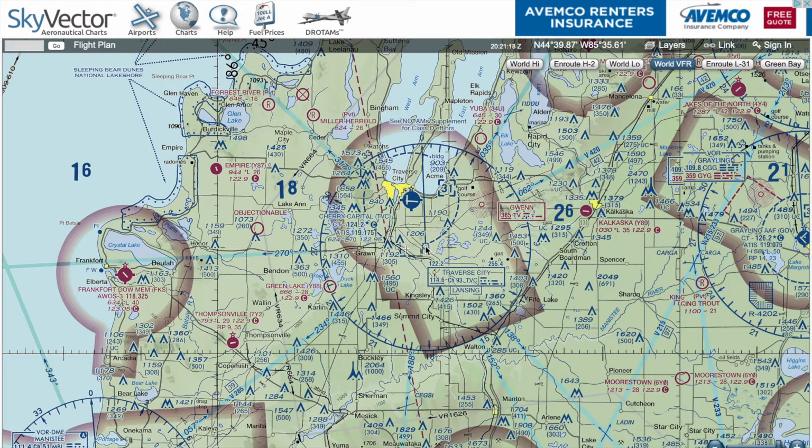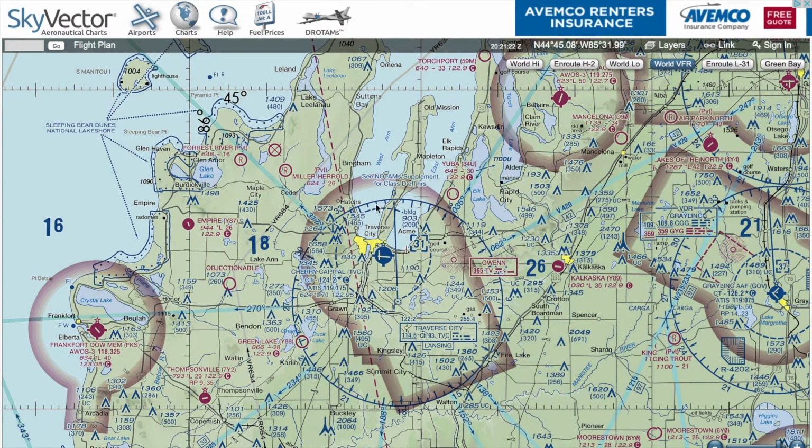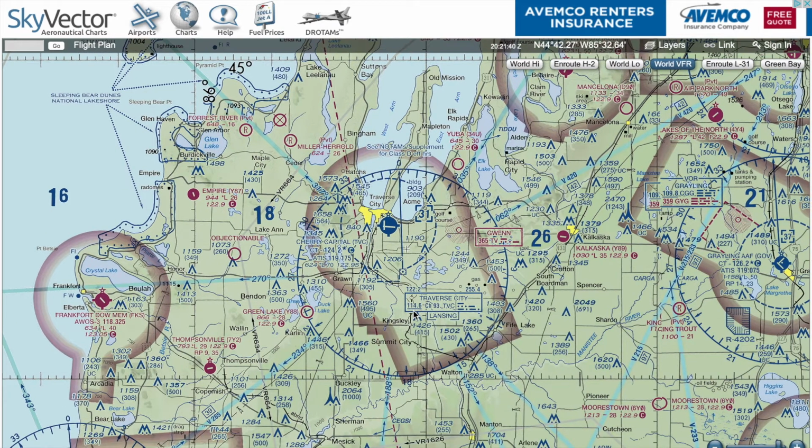And here, this blue dashed line is the Class D airspace. Don't pay attention to this big compass rose looking thing out here. That is not airspace. That's actually a radio navigation aid that's centered right there. We as drone pilots don't care about those. Those are for airplanes for radio navigation.